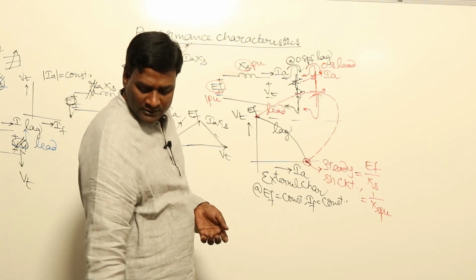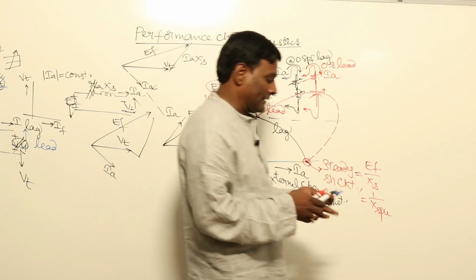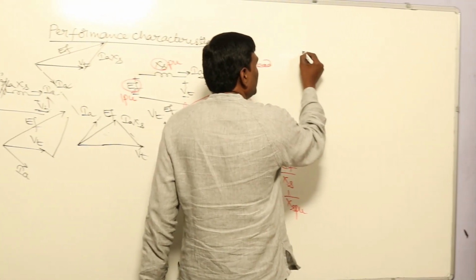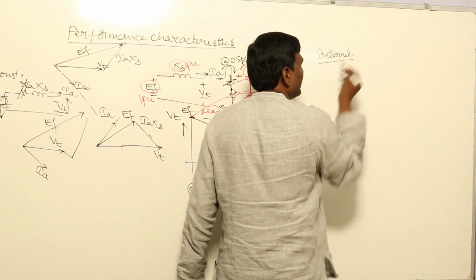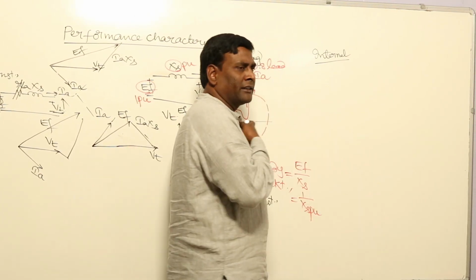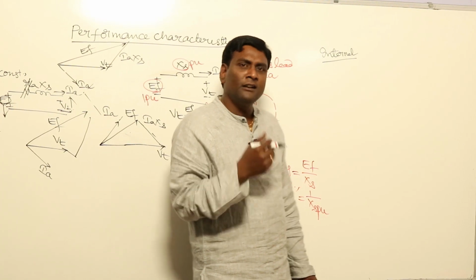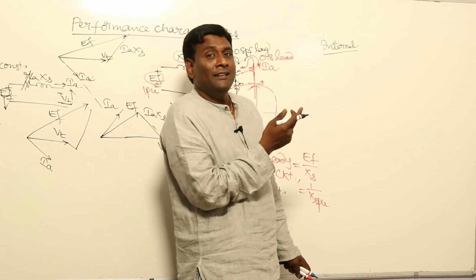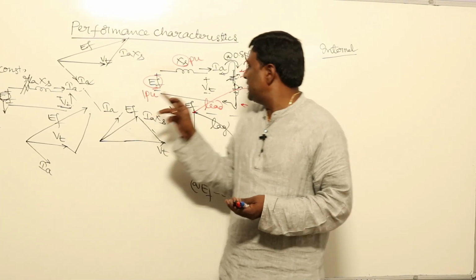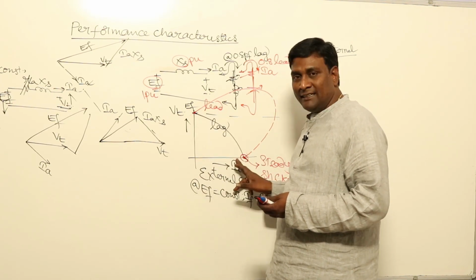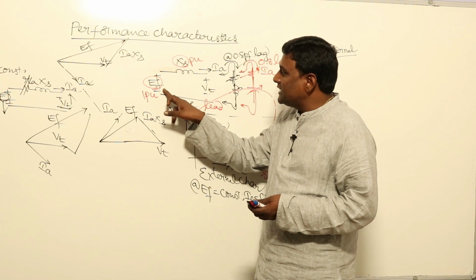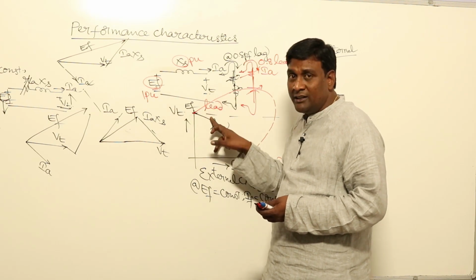Now let us think of the same as internal characteristics. Internal to the machine means that externally, for example, if I maintain VT constant and the load current is increasing, then if EF is constant, at lagging conditions VT will reduce.